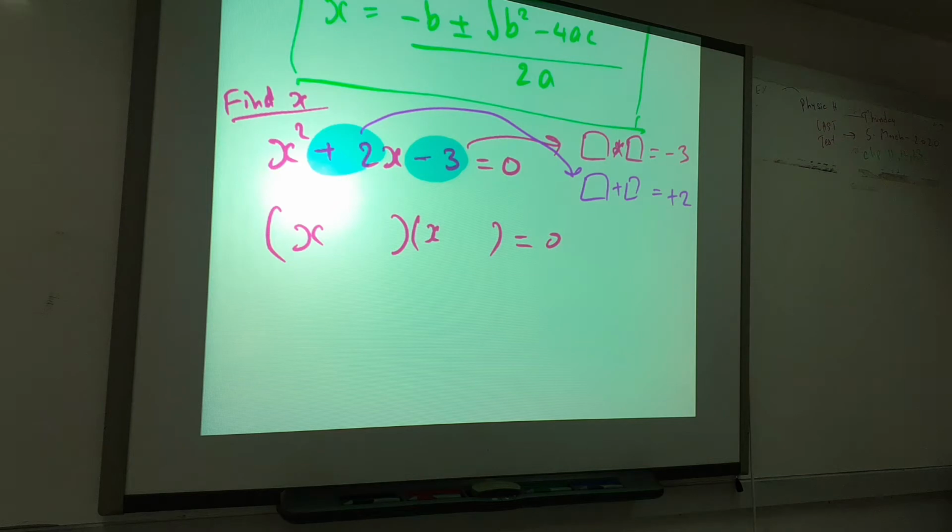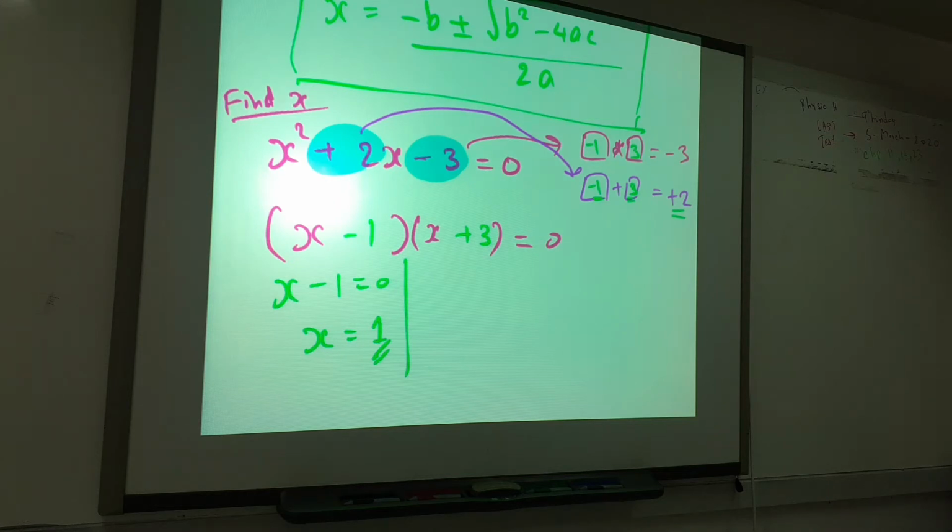One and negative 1 and 3, right? Negative 1 and 3: if you add them you get positive 2. So I put negative 1 here and positive 3 here. My answer is x minus 1 equals 0, so x equals positive 1, the first answer.